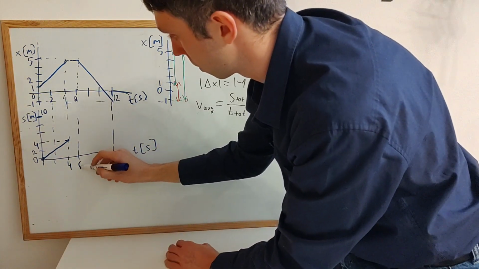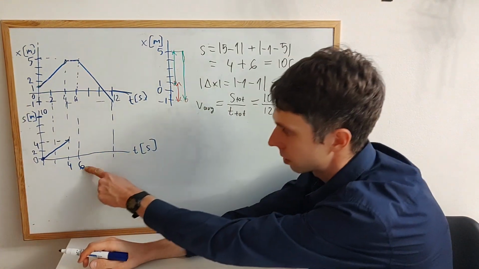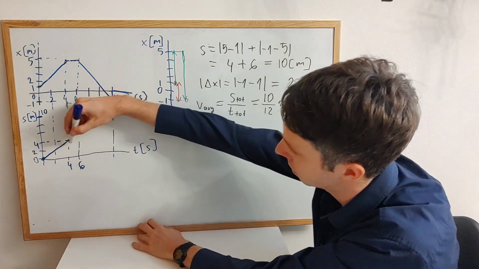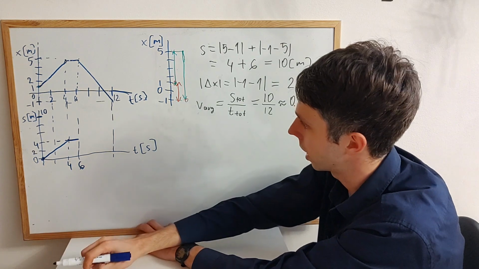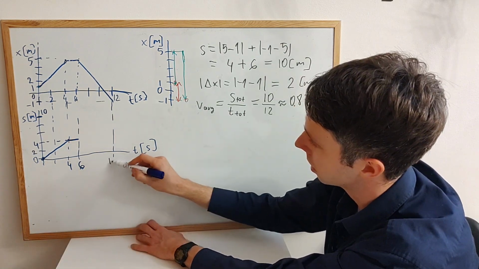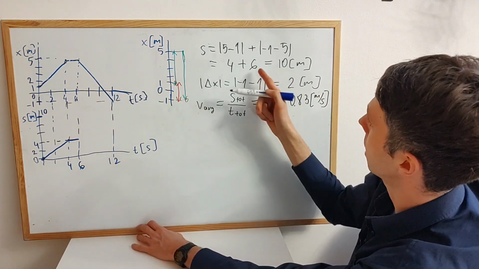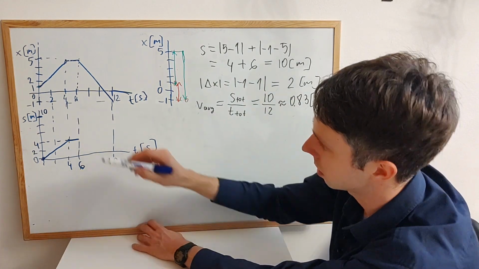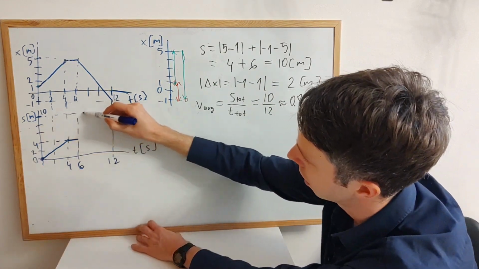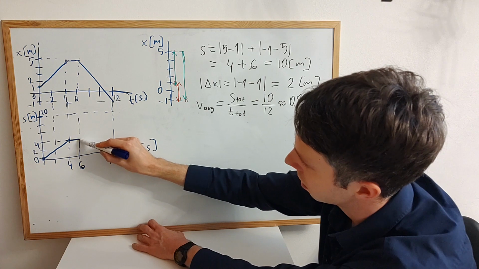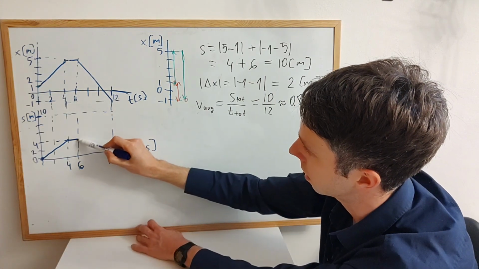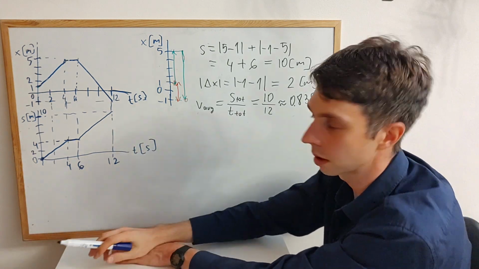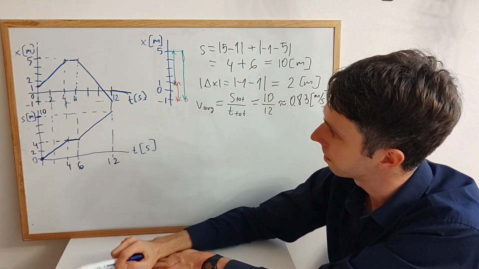From time 4 to 6 it doesn't move, so the distance didn't change, and from 6 to 12 it covered 6 meters, so it changes from 4 to 10, so it looks like this, okay?